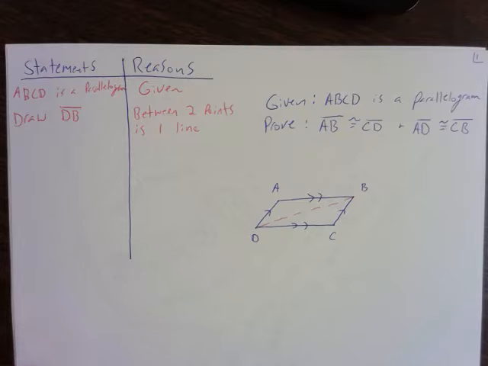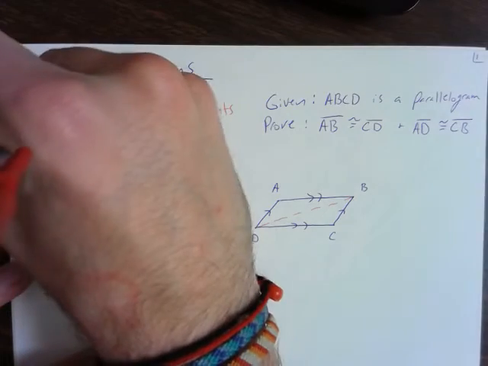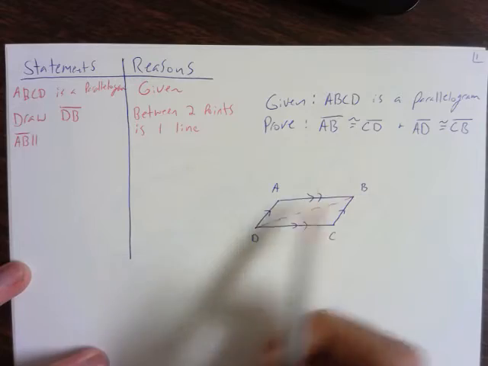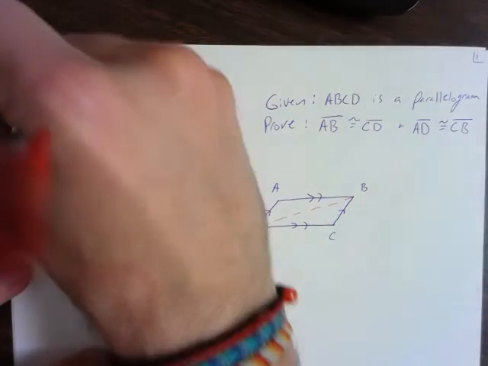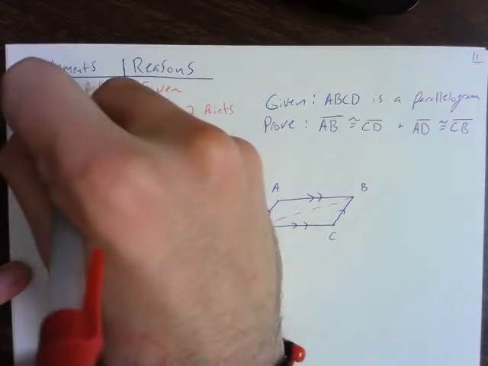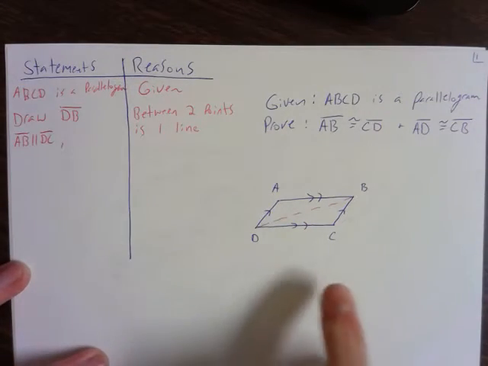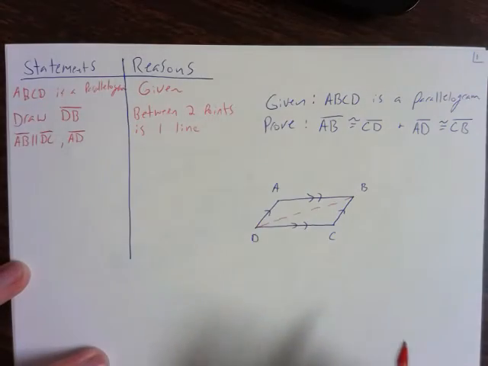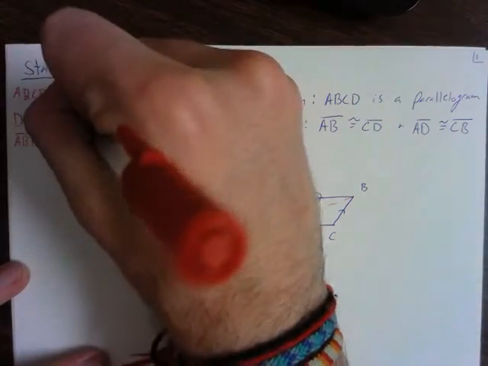So after I've drawn that line, now I can say that line segment AB is parallel to line segment DC. And I can also say, in the same one, that line segment AD is parallel to line segment BC.